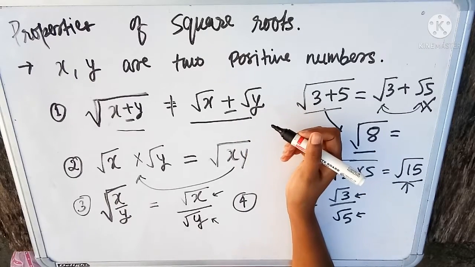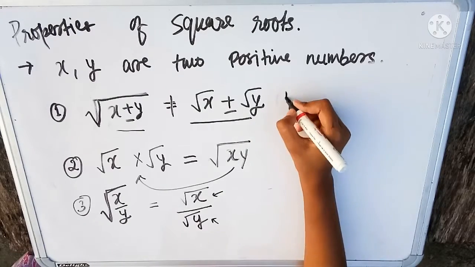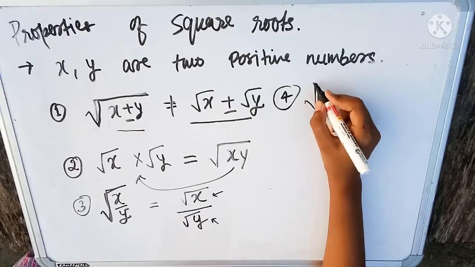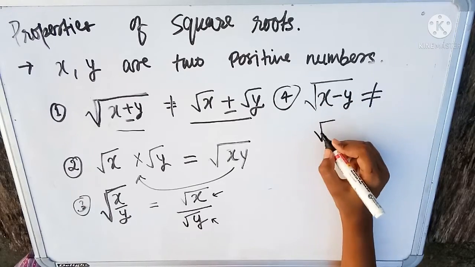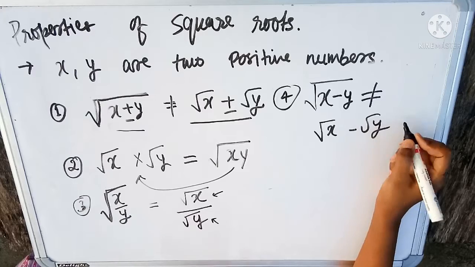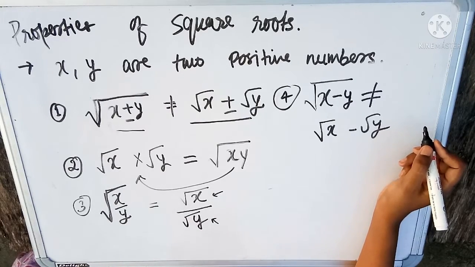So the properties of addition and subtraction are the same here. These are the properties of the four operations: subtraction, addition, multiplication and division, which we will use while solving problems.